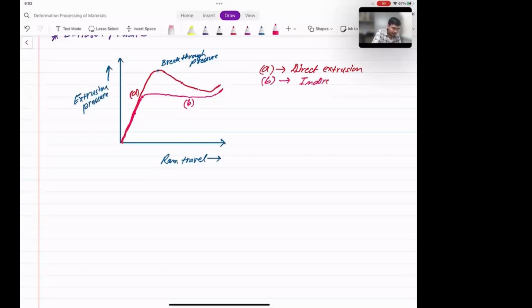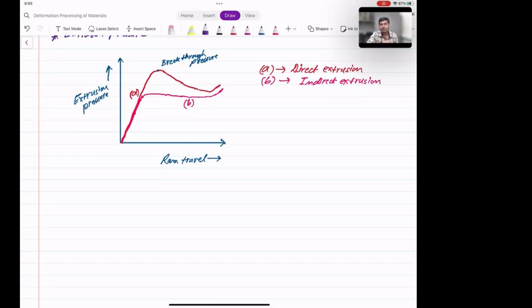Indirect extrusion. Okay, so the direct extrusion process, as I mentioned earlier, initially the material tries to fill the container, and then the pressure keeps on decreasing because as the material flows out of the container, there is a reduction in the surface which is in contact with the container.